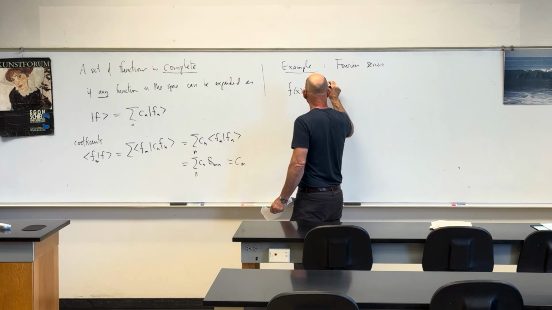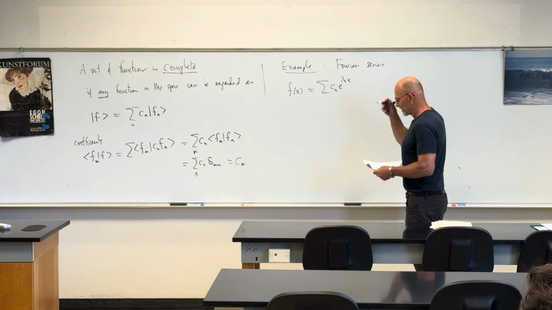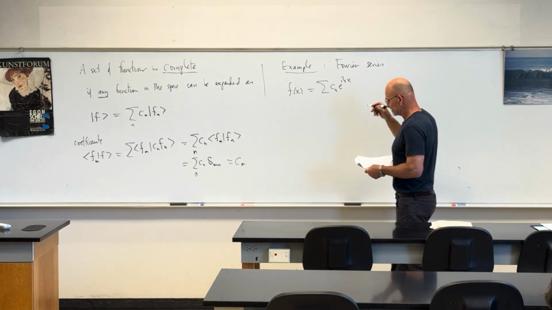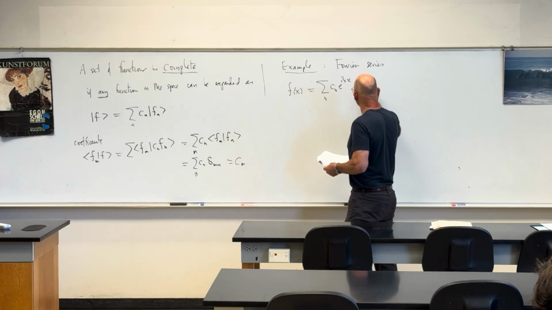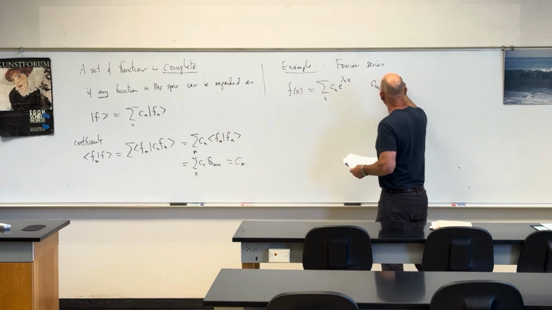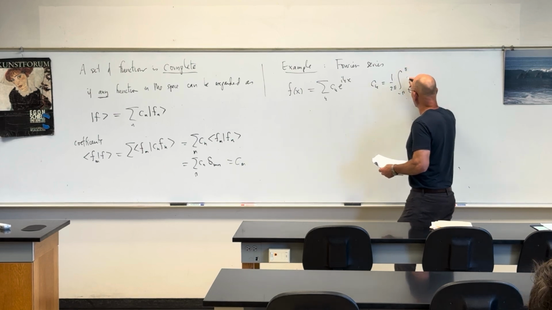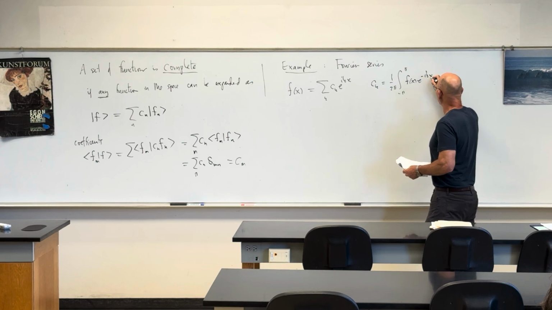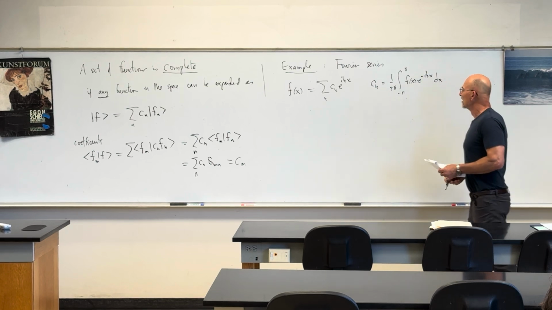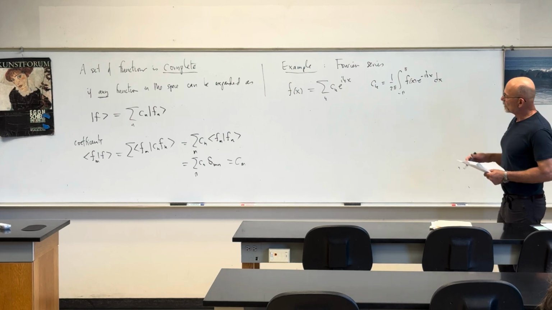So this takes us back to when we first learned this: we had c sub k e to the i k x, the Fourier series. k was an integer, c sub k was 1 over 2 pi, integral from minus pi to pi of f of x e to the minus i k x dx. So what we're going to do is put this into slightly more general form.